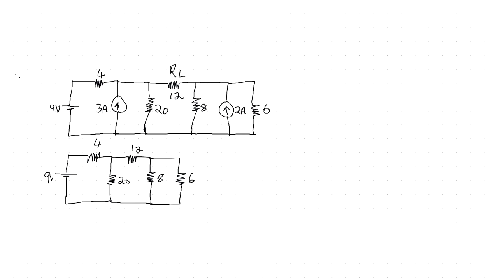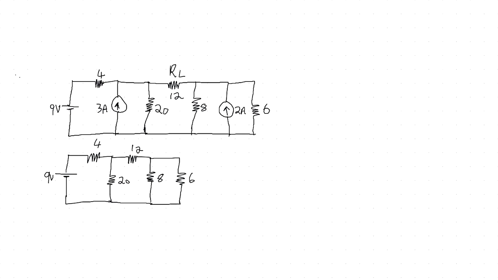Then the circuit will look like this. Remember, I'm applying superposition, so always using one source, find the current through your RL. We are going to get the current through the 12 ohm using the 9 volt source, and then the 3 amperes and 2 amperes, and at the end we are going to add or subtract them.